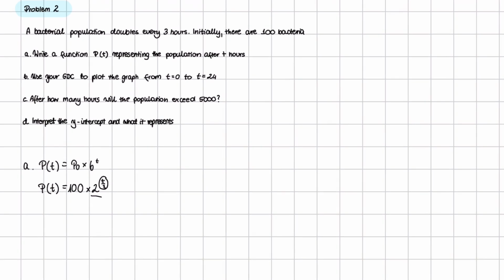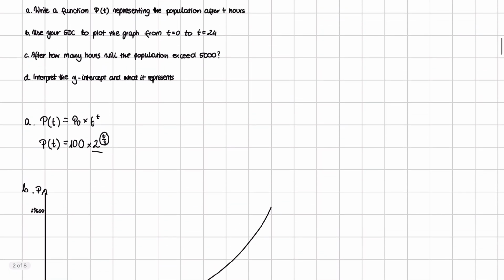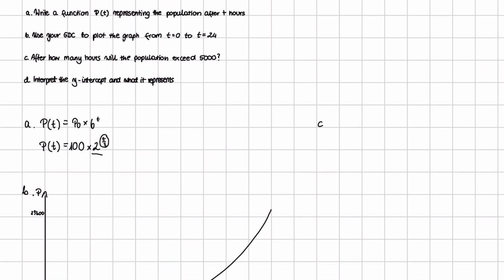B. Use your GDC to plot the graph from t = 0 to t = 24. So we have to type our function into our GDC and then redraw the function. And this is our function. C. After how many hours will the population exceed 5,000?